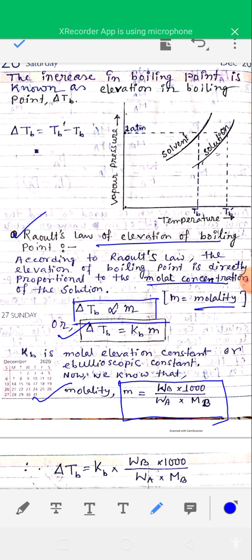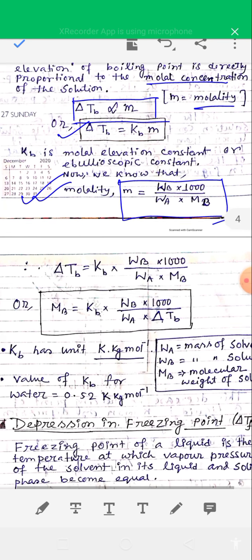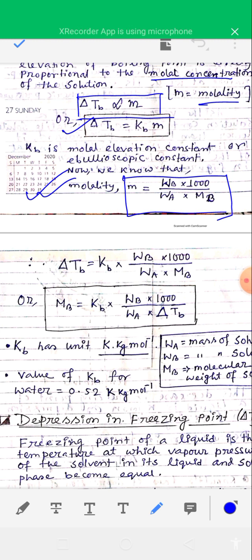Suppose you have dissolved Wb gram of solid non-volatile solute in Wa gram of solvent, and the molecular weight of the solute is Mb. Just put this value and the equation becomes delta Tb, that is elevation of boiling point, is equal to Kb into Wb into 1000 by Wa into Mb.